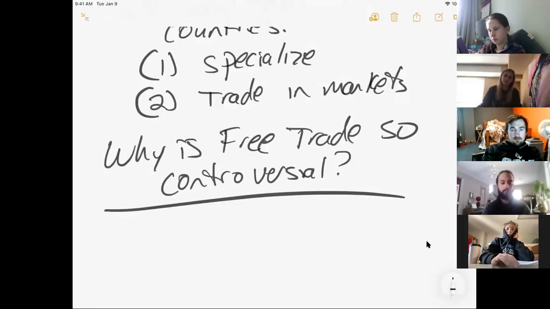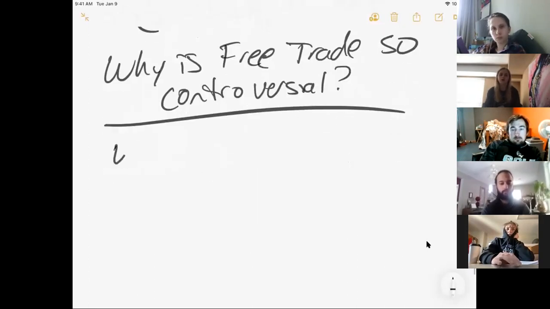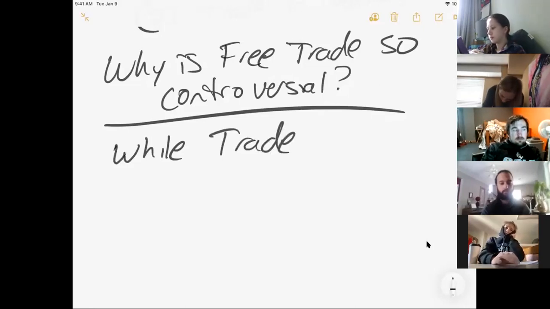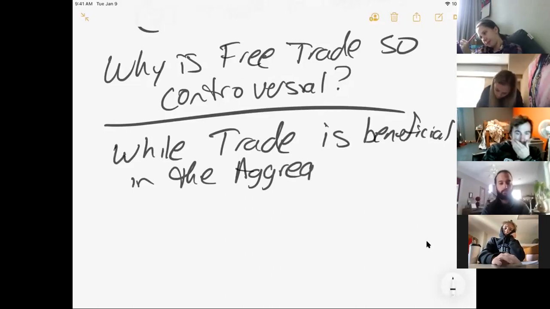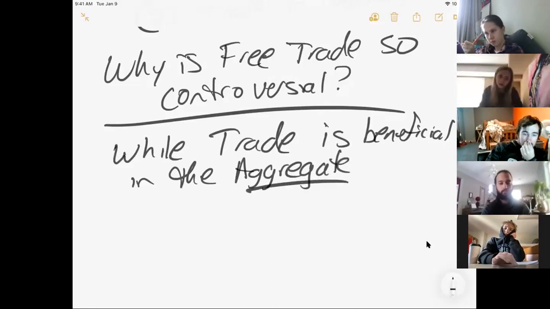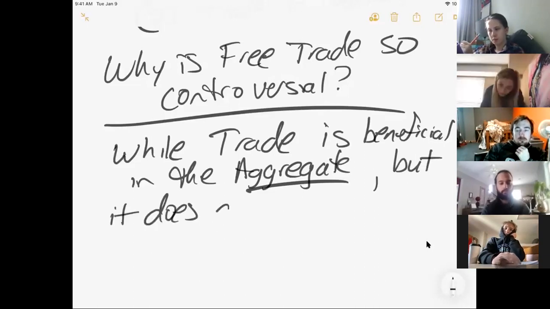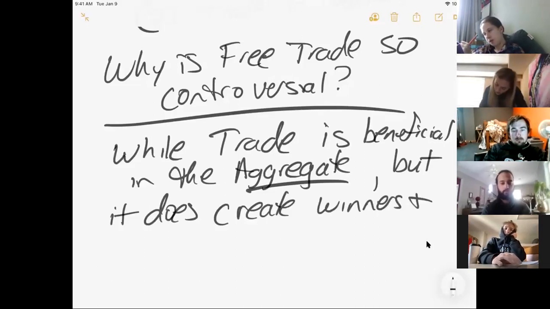Well, I think there are a few reasons, but the most obvious reason is that while trade benefits the entire economy, in other words, trade is beneficial in the aggregate, if you look at individuals, there are winners and losers in trade.